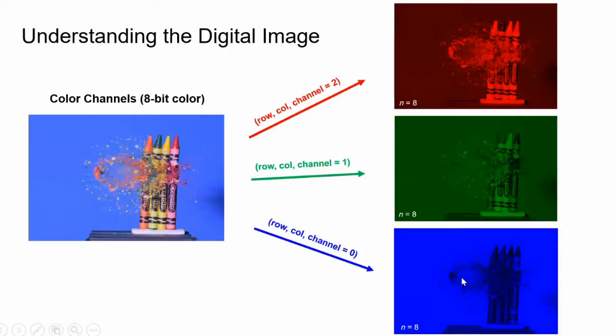You have an 8-bit green channel represented by channel 1, and an 8-bit red channel represented by channel 2. Essentially, these are superimposed images that are displayed to you, and our eyes are tricked into seeing a full color spectrum.